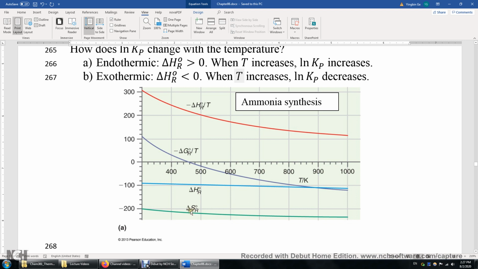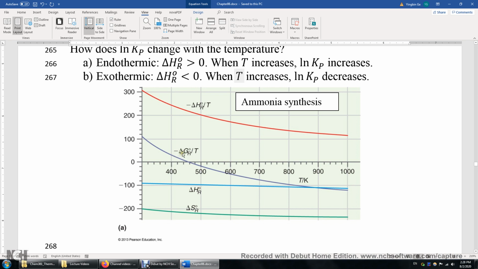And similarly, when we are looking at the entropy of the reaction, well, the entropy of the reaction at 1000 K minus that at 300 K is the integral of delta CPM dT over T. Again, because delta CPM is small, this entropy of reaction is, again, roughly a constant between 300 K to 1000 K. So it does change from negative 200 to maybe negative 220, 230, but still the change is fairly small considering the really wide temperature range.